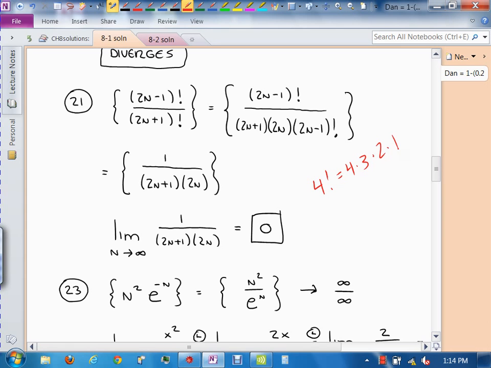But on this one, I actually tried to write out the pieces. So this is 2n plus 1 times 1 less than that. So what's 1 less than this? 2n, right? Then 1 less than that would be 2n minus 1, and then it keeps going, right? So since it keeps going, I put the factorial back on the end of that, and it matches up with what's in the numerator.